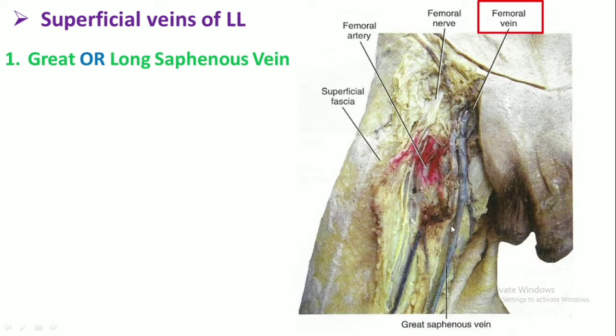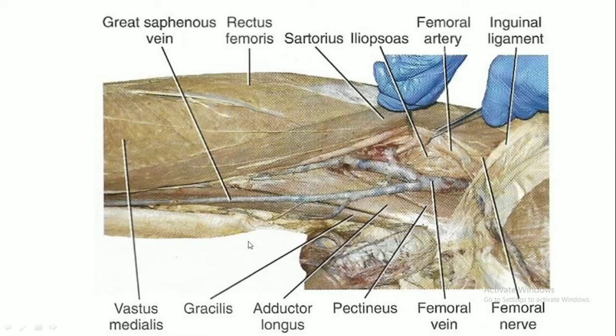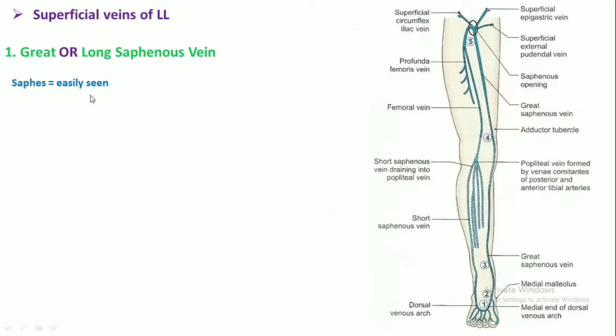Here this is the great saphenous vein. This is a dissection figure. You can see this is the great saphenous vein, which drains into the femoral vein. Saphes means easily seen.